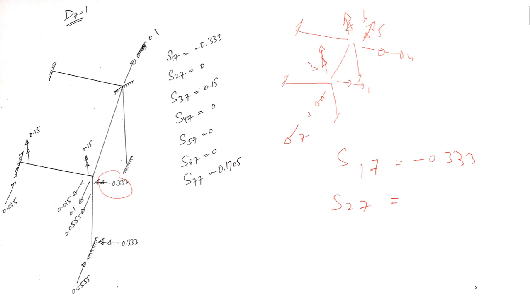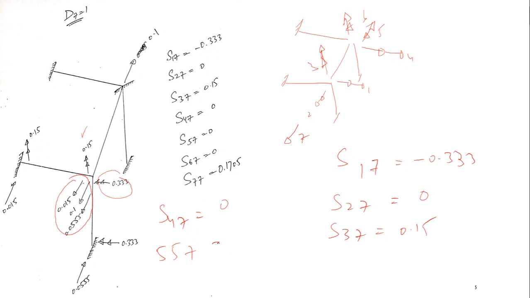S72, 2 is in this direction, and then you have to get the sum of this. No, sorry, you don't need to get the sum, because this is moment and these are axial deformation. S72 is 0. S73, 3 is all the moments here, and one moment I have is this, so 0.15. S74, 4 is this moment, and I've got two moments here, so 0.